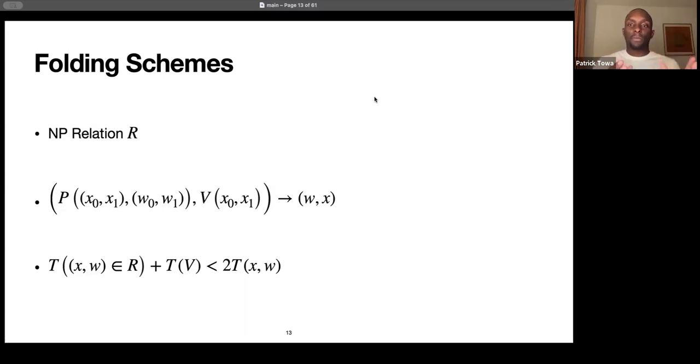There's just: I have two instances and I reduce them to one. There is no notion of having a computation that you're repeating. This is just a building block that you then use to build an IVC. So a folding scheme is not an IVC by definition.